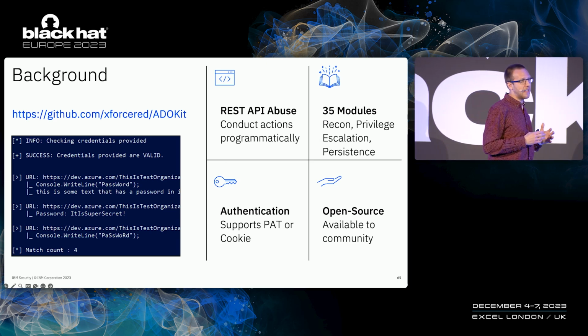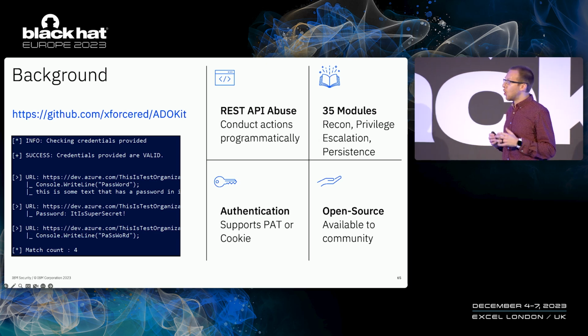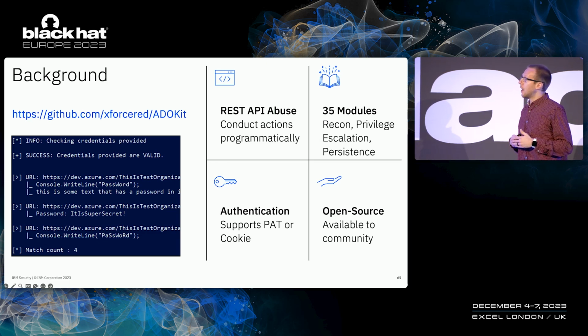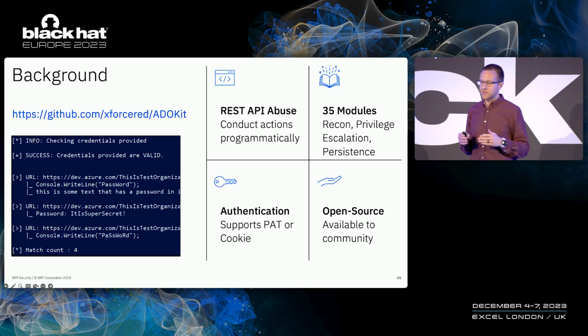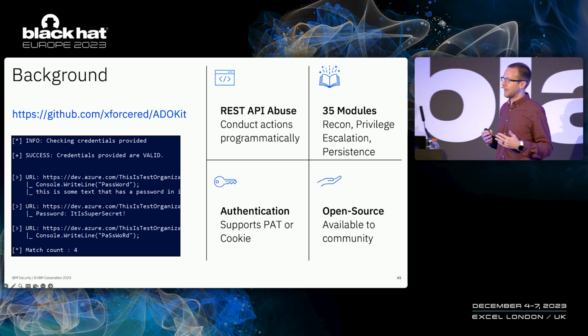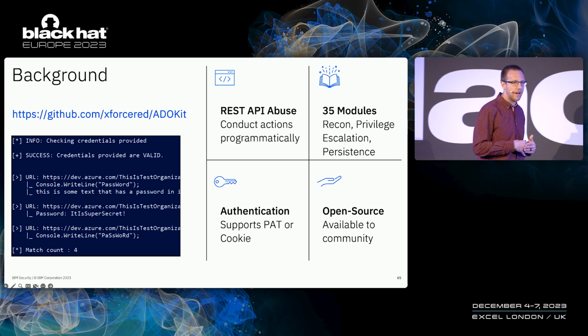It supports authentication either with a personal access token or a cookie, and it's open source, available to the community. So I have the URL listed on the top left. The repository has full documentation as well in terms of what's available and how to use the tool. If you come across any issues, feel free to open an issue on the repo and I can take a look at it.